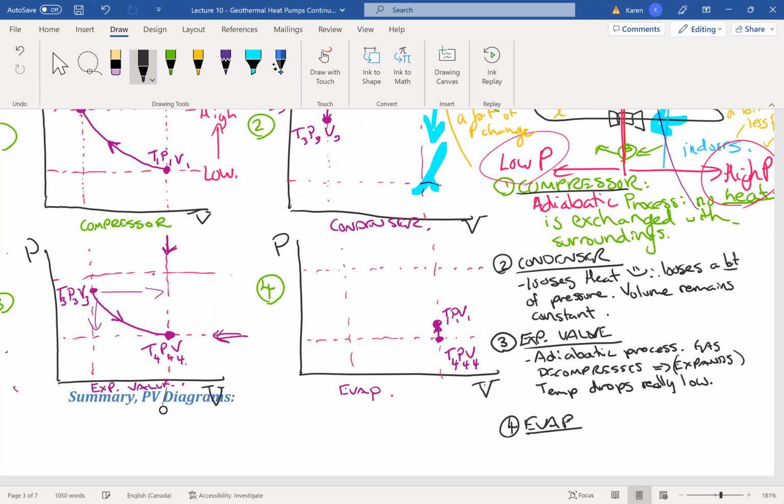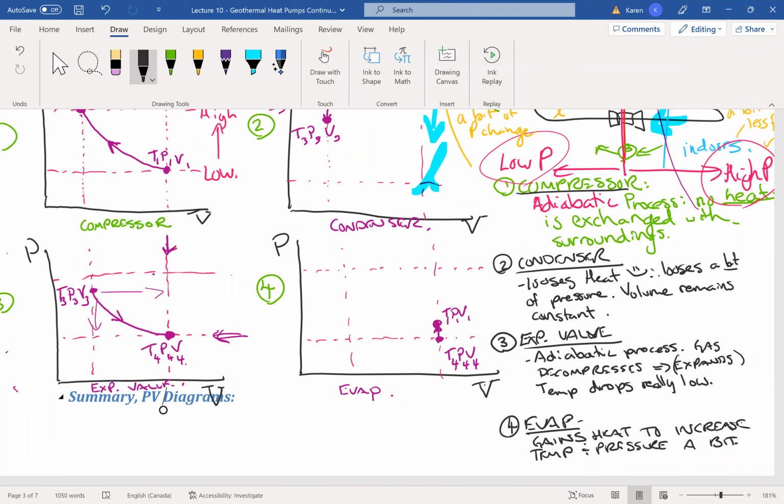So again, to give you some words to help describe this system, it gains heat, receives heat, heat is transferred to it, okay, gains heat to increase temperature and pressure a bit. All right. So those are some words just to describe what we've done so far.